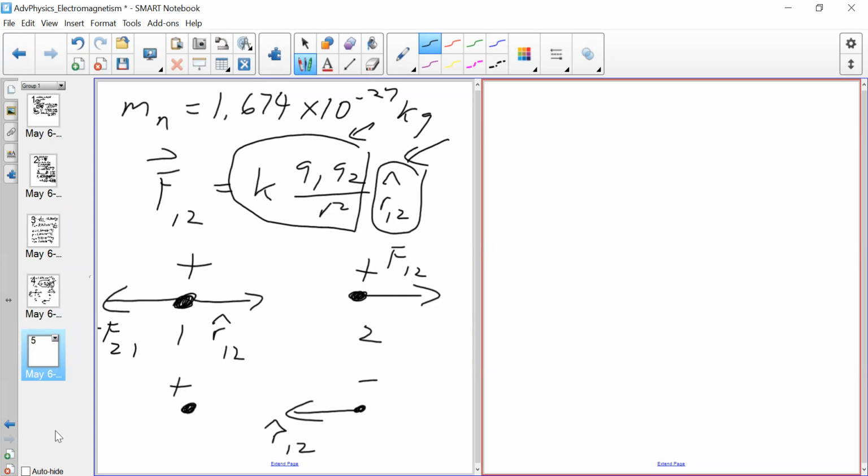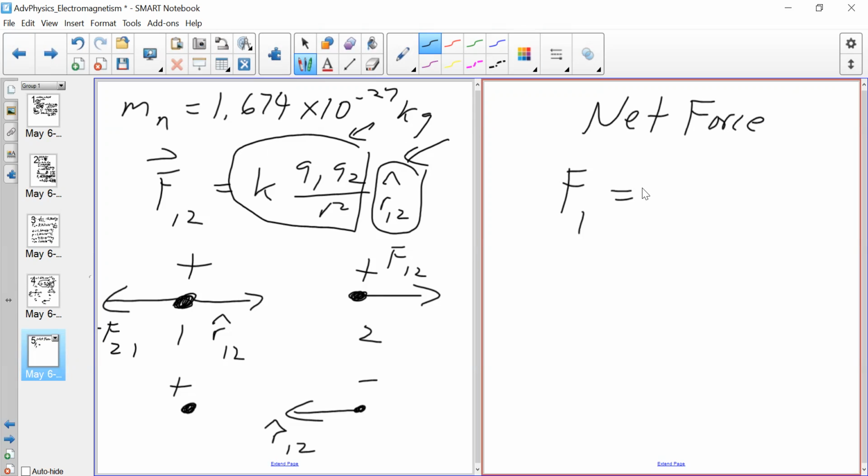If we wanted to find the total force in a configuration of charges, it doesn't have to be 2, it can be 100 or whatever. Say we had 4 charges and we want the total force on the first charge, the one we call 1.